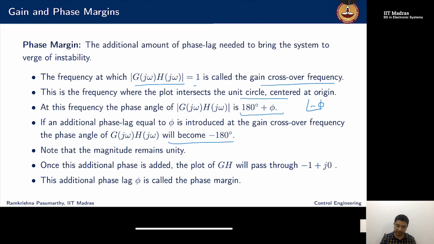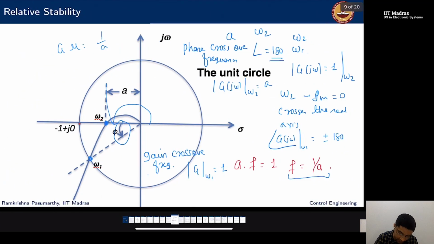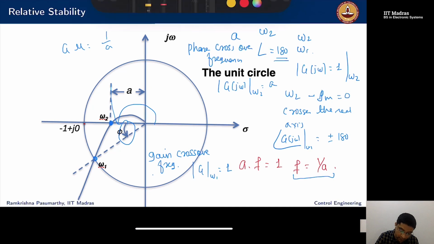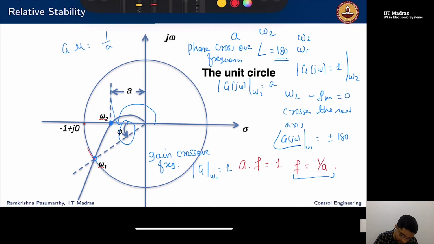if an additional phase lag is introduced at the gain crossover frequency, the phase angle will become 180. What is the gain here? What is the magnitude of G j omega? This will still be 1 because I'm moving only along this direction. So the magnitude will remain unity if I just add a phase lag of minus phi.